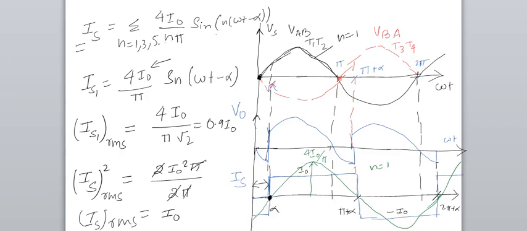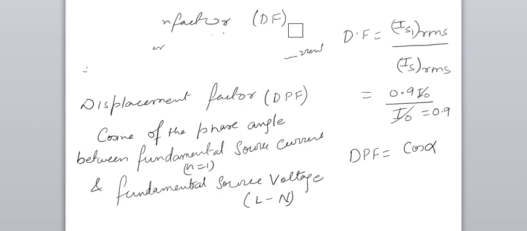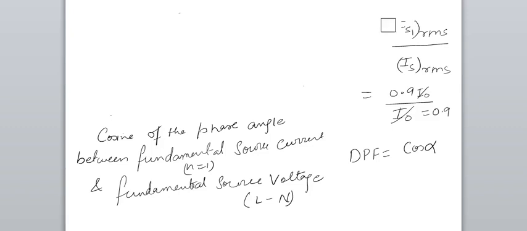Now, one more factor is there, THD, total harmonic distortion. So finally, if I want to write the input power factor, it is distortion factor multiplied by displacement factor.